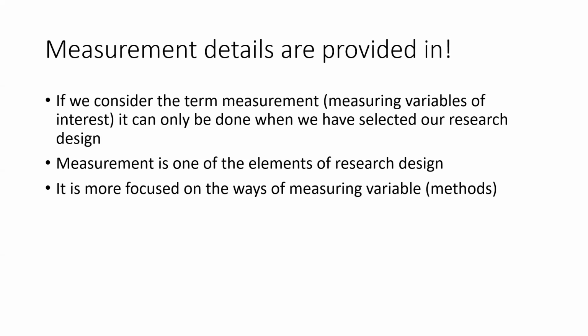It can only be provided when we are clear about our research design. There are various elements of research design, and if you go through various books on research, you would find that measurement is one element of research design.